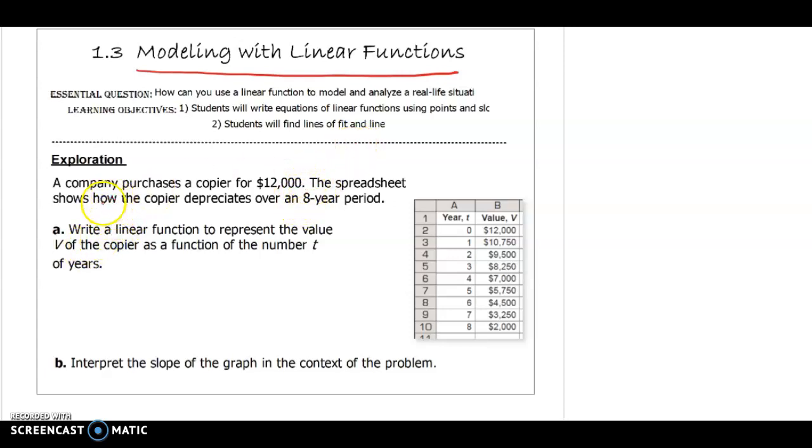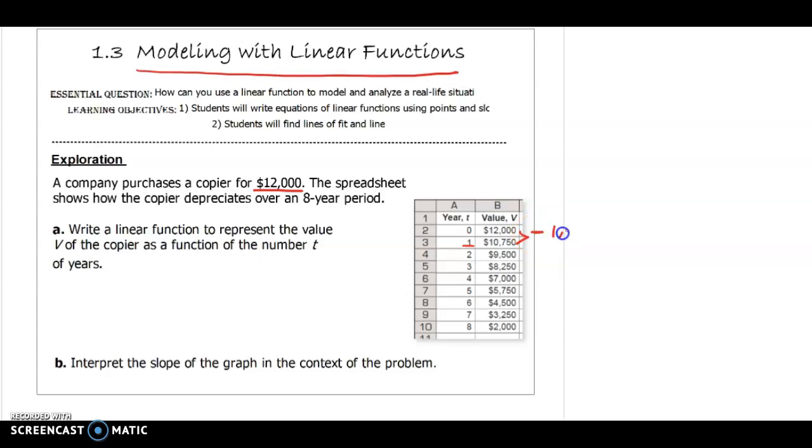All right, so if we look at this exploration, it says a company purchases a copier for $12,000. So that's our initial price. The spreadsheet shows how the copier depreciates over an 8-year period. Okay, so when we buy it after 0 years, it's $12,000. That's what we bought it new. After the first year, it goes down to $10,750.